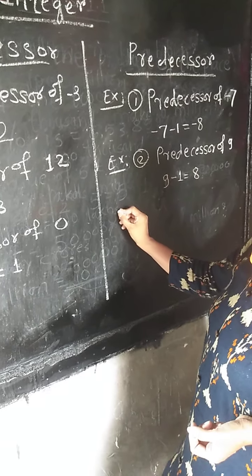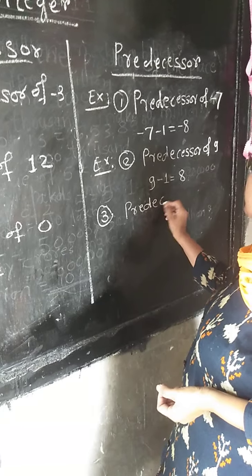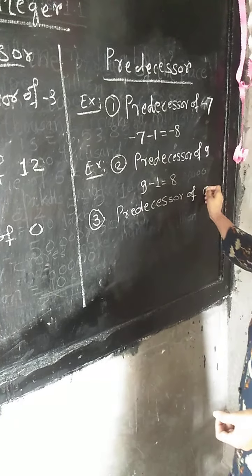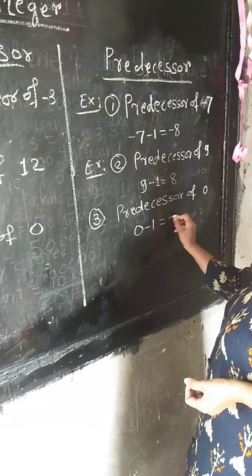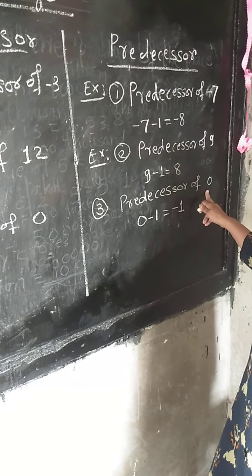And one more example we have to take, predecessor of 0. 0 minus 1 is equal to -1. -1 is the predecessor of 0.